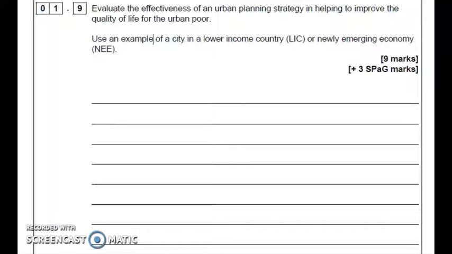The advantages, again, for a case study question, you're going to have to put in some specific evidence. So you could say the project means that 72,000 families would be rehomed from the Dharavi slum into these high-rise tower blocks. These homes are going to be more sanitary, going to be plumbing, running water, sewage pipes, going towards the tower block.